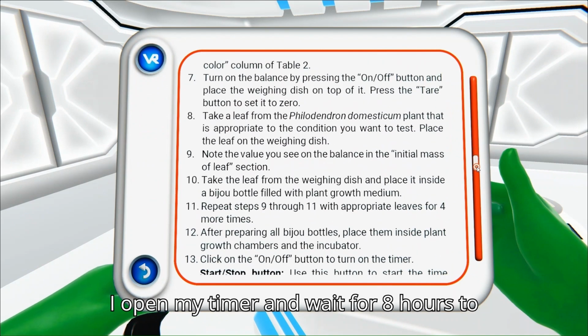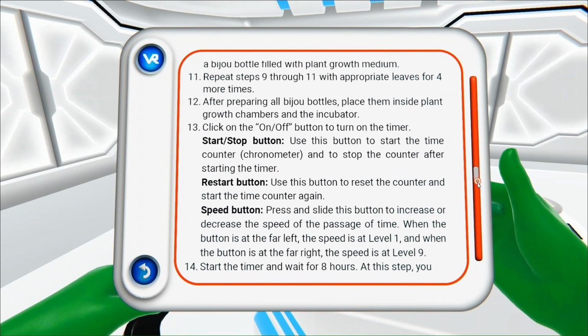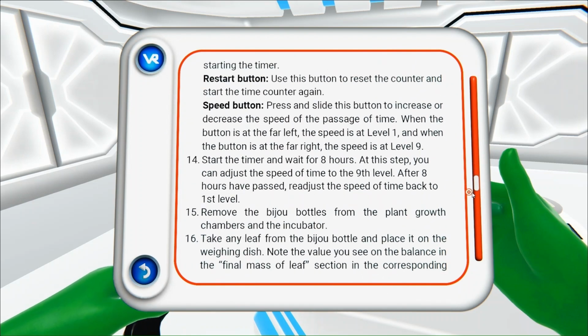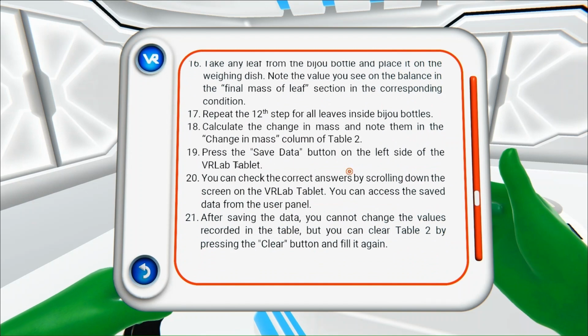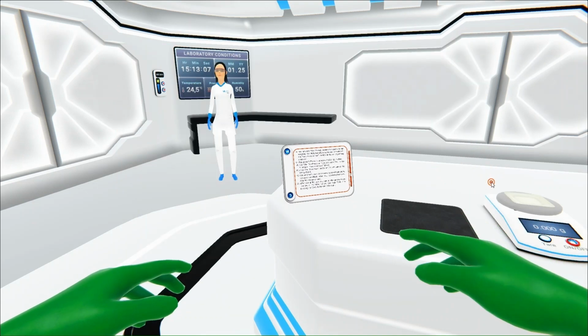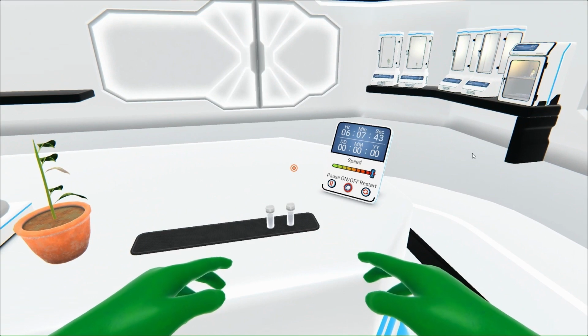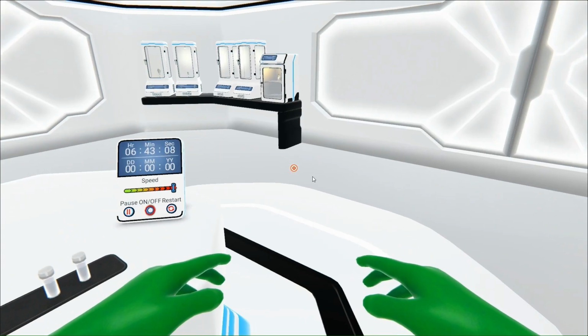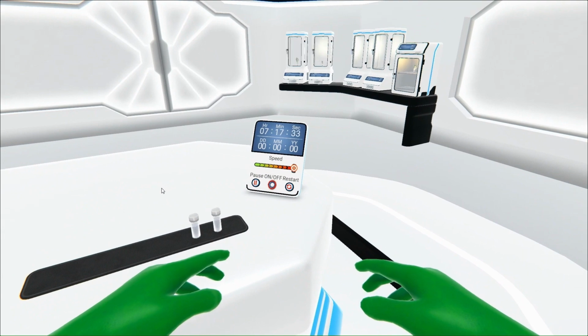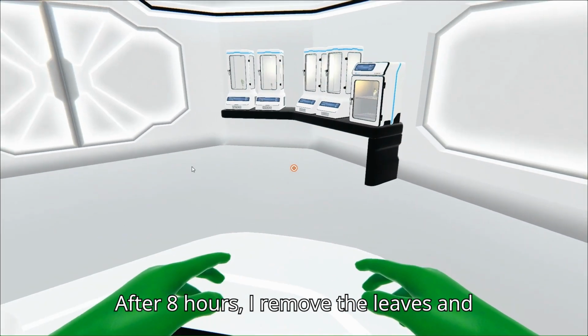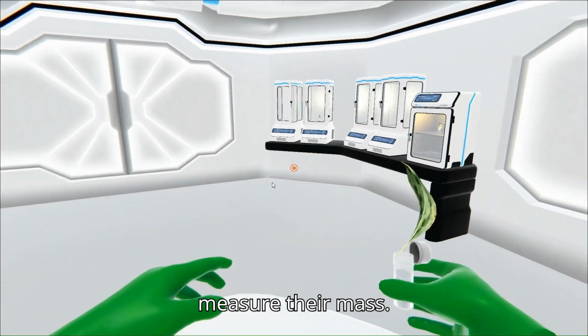I open my timer and wait for 8 hours to finish. After 8 hours, I remove the leaves and measure their mass.